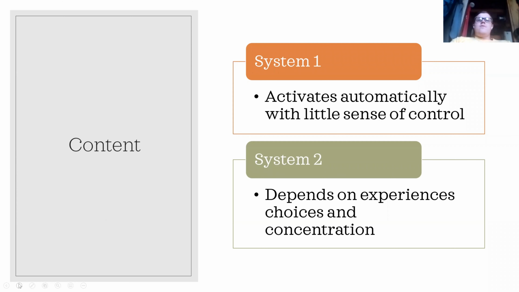Your system one was activated immediately, and then you used system two to think about why Ellie might have been having those feelings, and it uses your own experiences. It takes work for you to think about why she was thinking that way. So we have to realize that there are two different ways our minds think, and try to program system one for immediate reactions, and then use our critical thinking and experiences for system two.